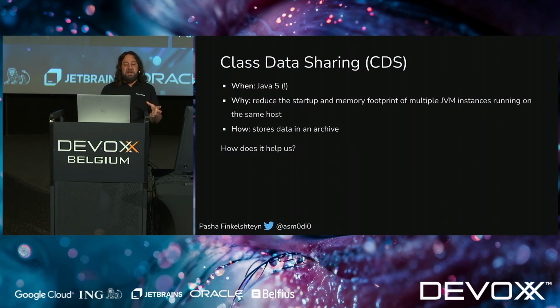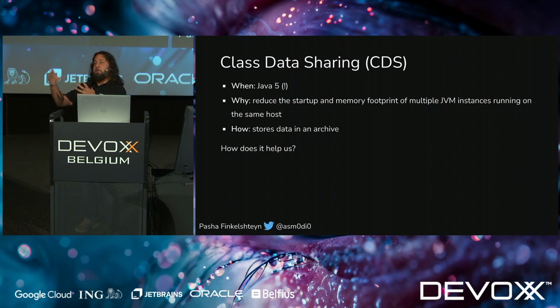It was very rudimentary, and the idea was very simple. At the times of Java 5, we were launching many Java applications on the same server. And we said, okay, probably we can cache something for consequent startups of the JVM to be faster. And it actually worked, but it's not actual anymore. We do not do it like this anymore.